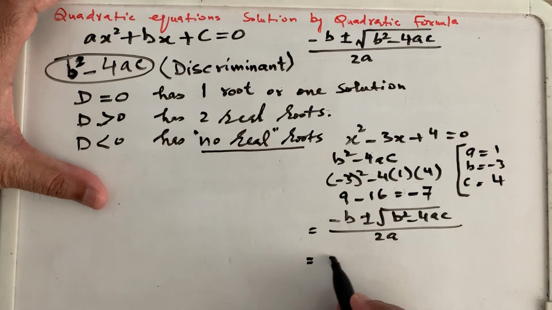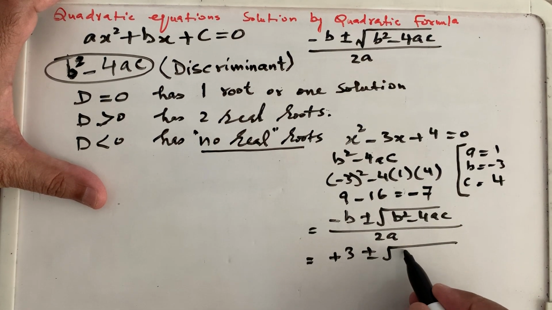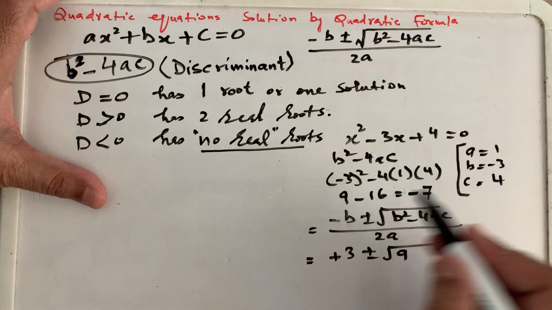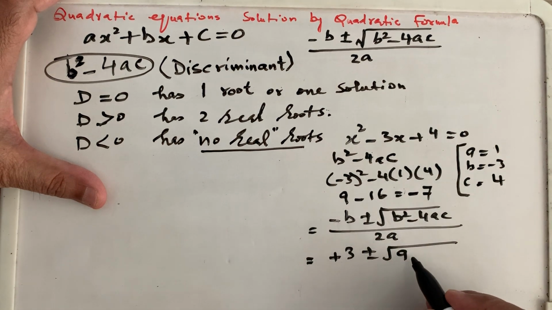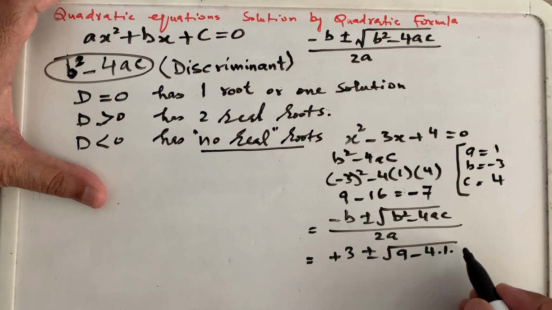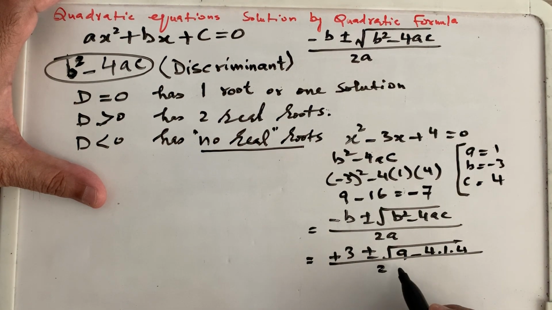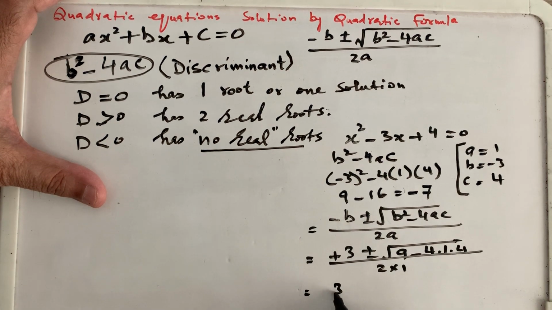So minus b is minus minus 3, which will be plus 3, plus minus under the root b squared, I am directly writing 9 because minus 3 whole squared is 9, minus 4 times a is 1 and c is 4, divided by 2 times a, where a is 1. So now I have 3 plus minus under the root.